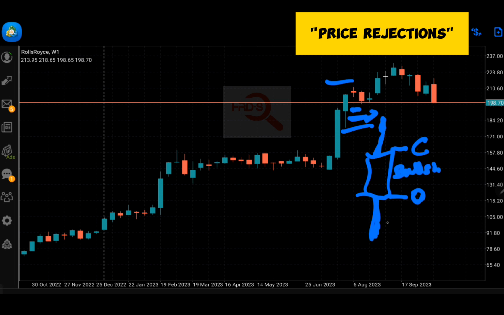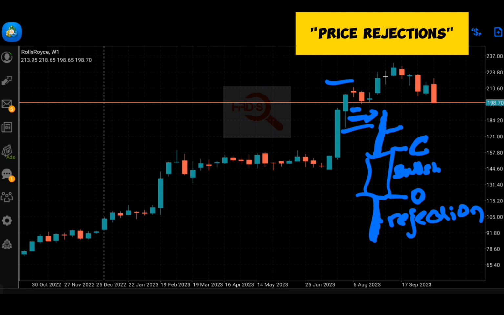What this wick means is price rejection. It means that price was pushed down by bears but was rejected. It also means that here, the price was pushed up above the closing price, but was rejected. So the wick of the candle simply means rejection.